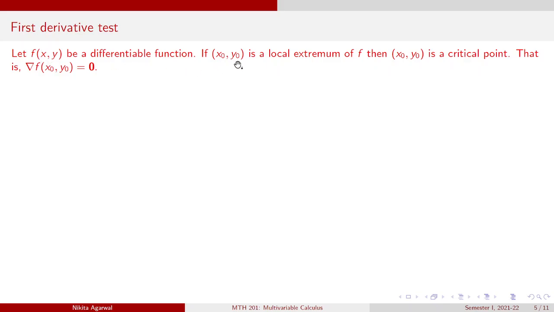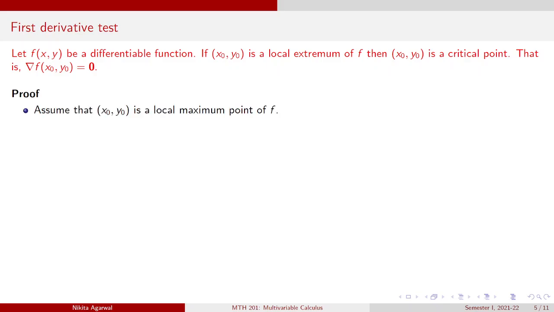If (x0, y0) is a local extremum of f, then (x0, y0) is a critical point. That is, the gradient of the function has to be 0, or the 0 vector. So extrema implies critical point. The proof will take you back to MTH 101.